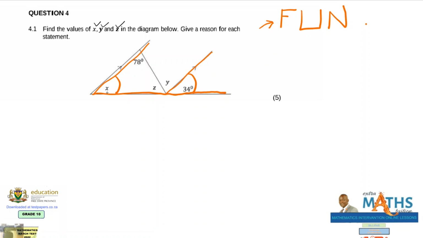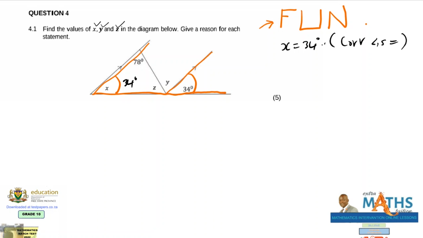It means x is corresponding to 34 degrees, right? It means now I can say x is equal to 34 degrees. Why we say so is because we have corresponding angles which are equal. And write your value down. It's 34 degrees.